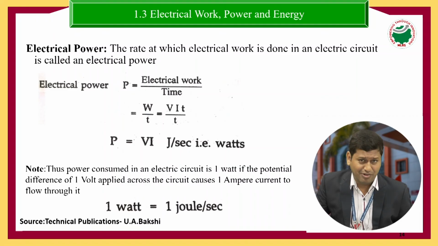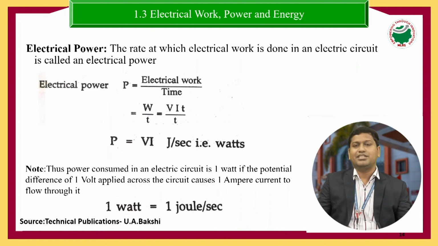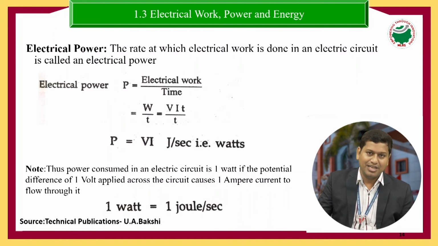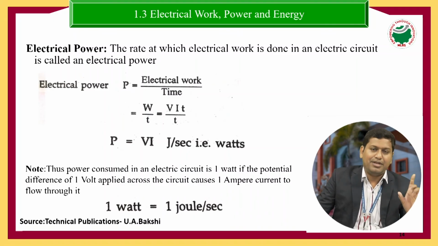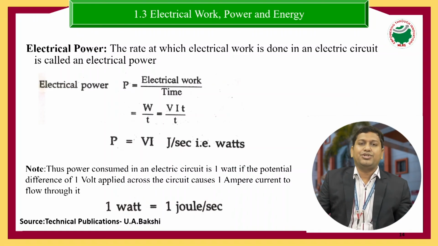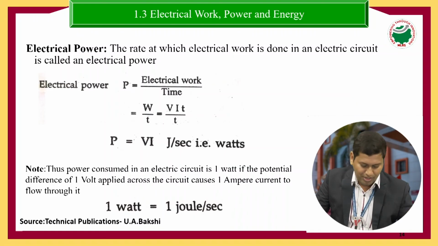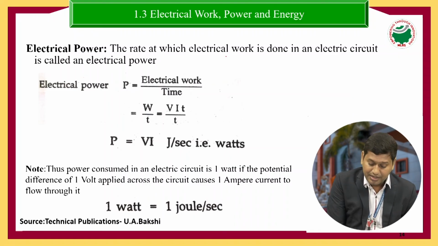Similarly, if I attach electrical work to this power, then I get electrical power. The same fundamentals happen in electrical engineering with other parameters. That's why we call it electrical power. The rate at which electrical work is done in an electric circuit is called electrical power.